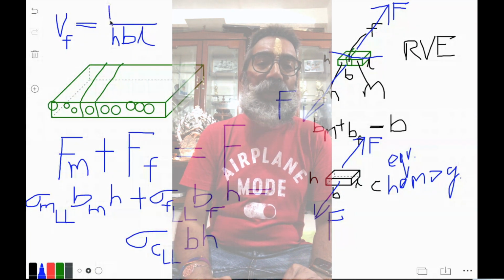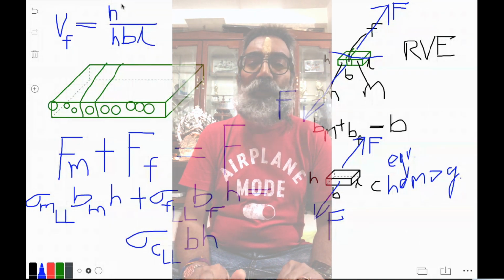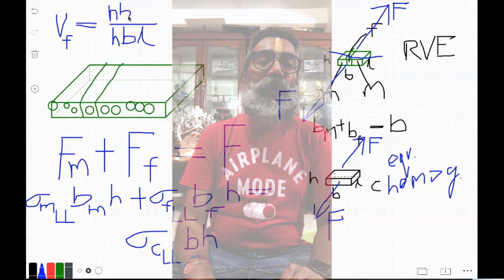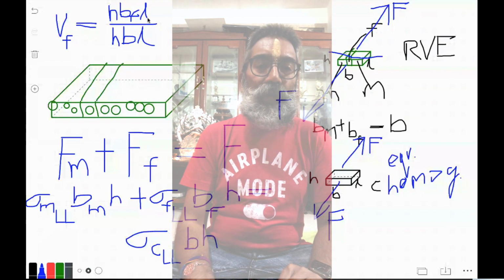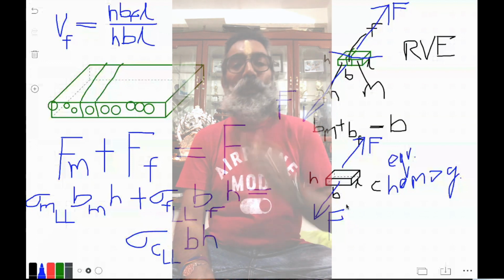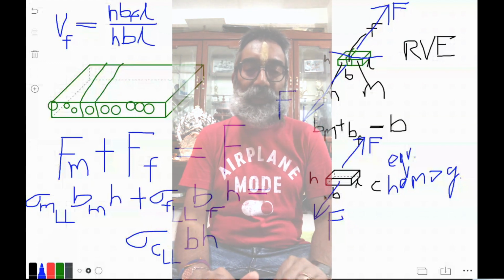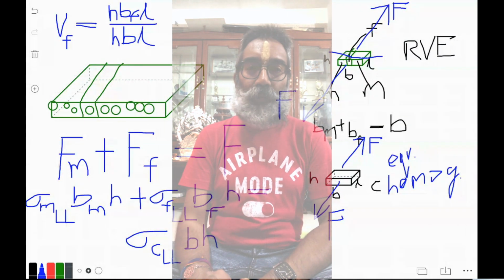The H remains the height of the fiber as well, but now we are having BF instead of B as the breadth of the fiber, and then the length is same for both the fiber and the matrix as well as the actual composite.